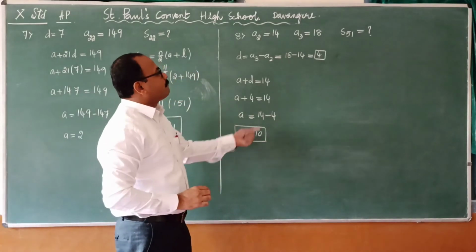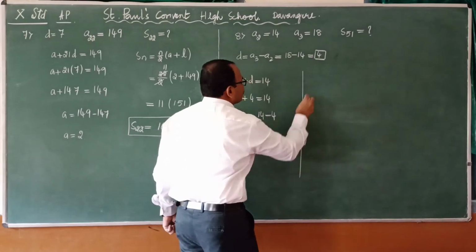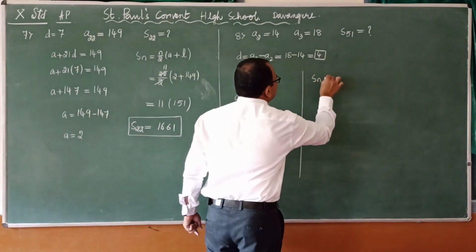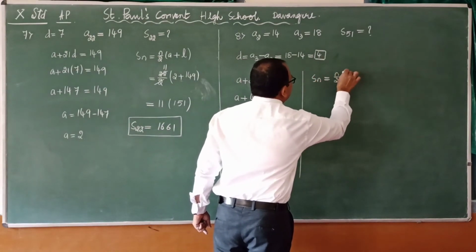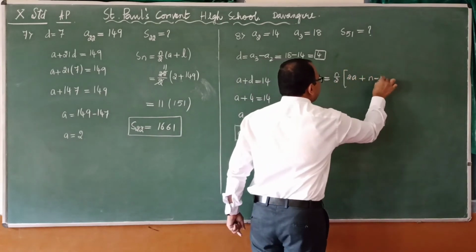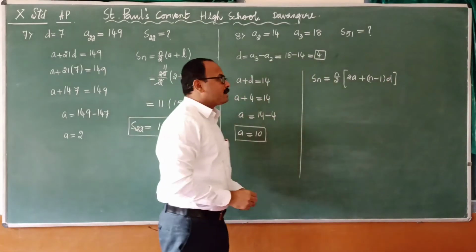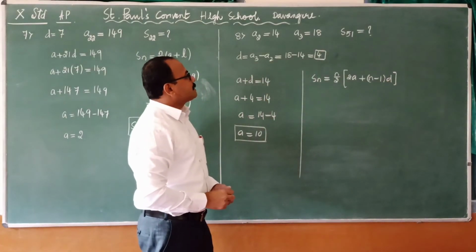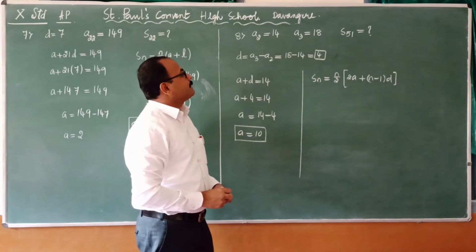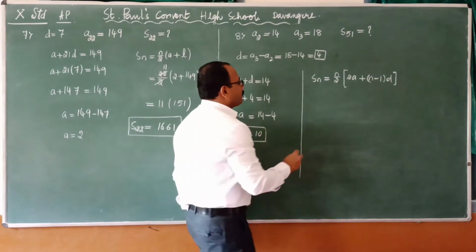Take this value and find the value of S_51. S_n is equal to n by 2 into (2a plus (n minus 1) into d). This formula is to be used, children, because the last term, the 51st term, is not given; therefore you have to go for this formula.